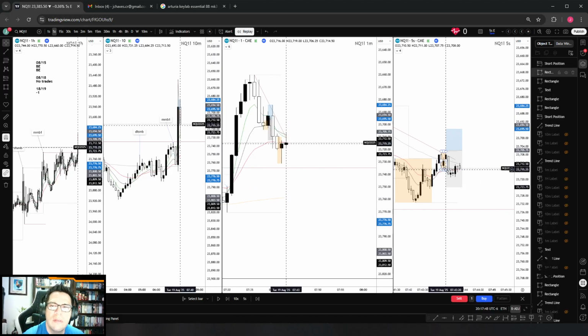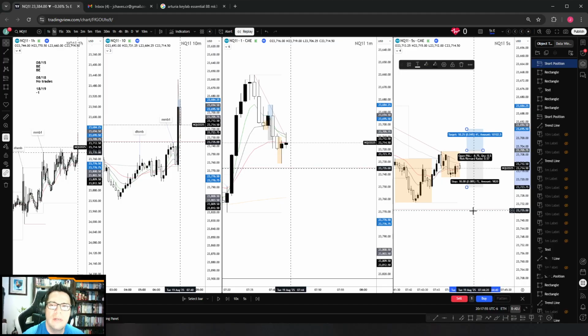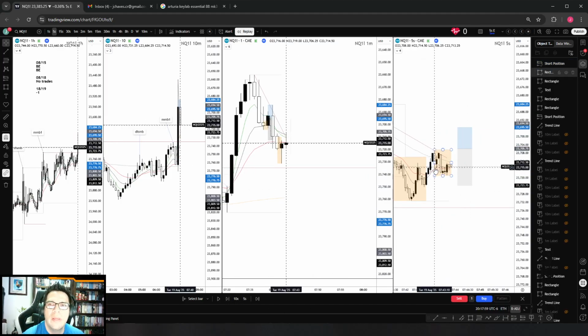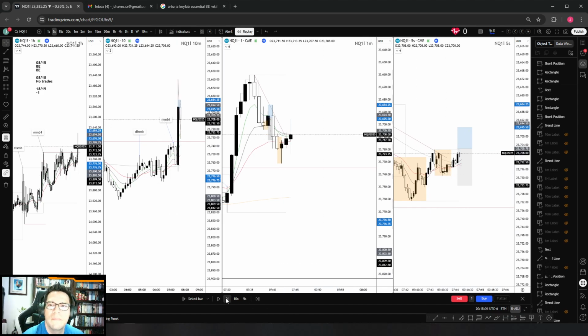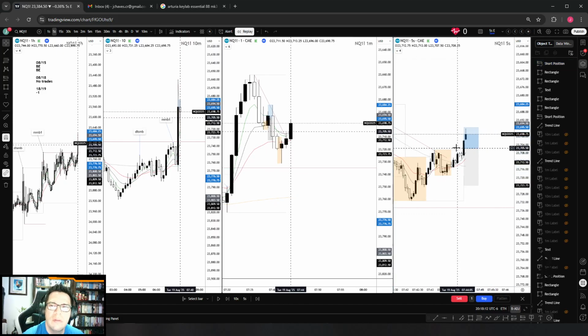So our double MB at that point was this one here. We were still waiting for a possible tap in. And at that point there, we got a tap in out of this double MB.